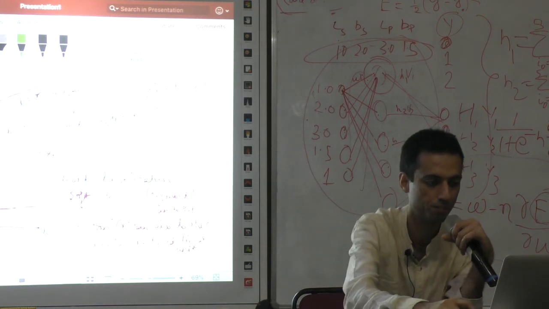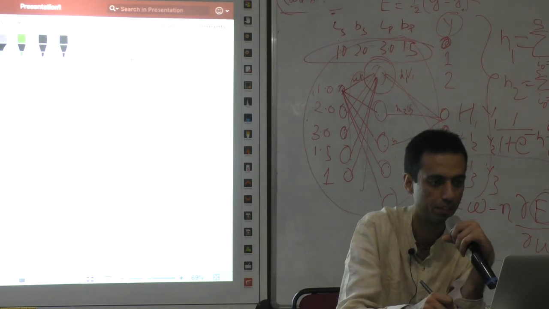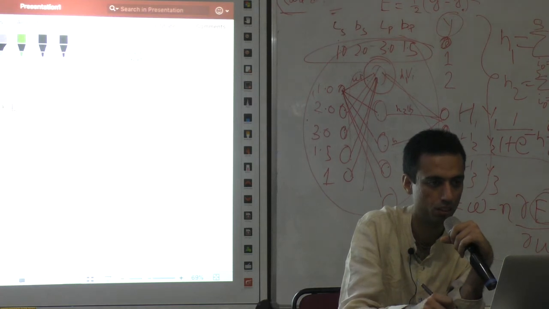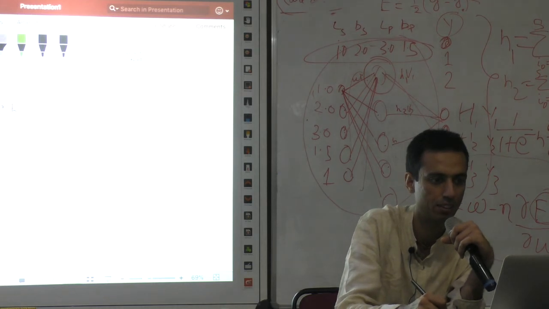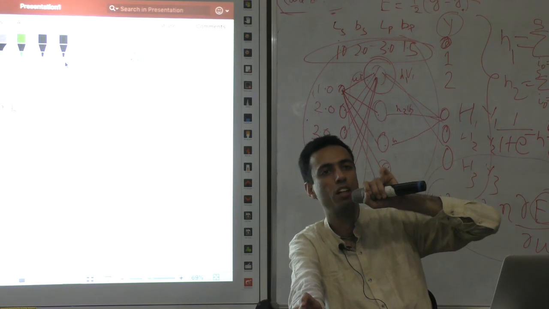What is it now? So rectified linear unit is this kind of a nonlinearity. It is 0 for h less than 0, and for h greater than 0 it is equal to h. This is another kind of nonlinearity.